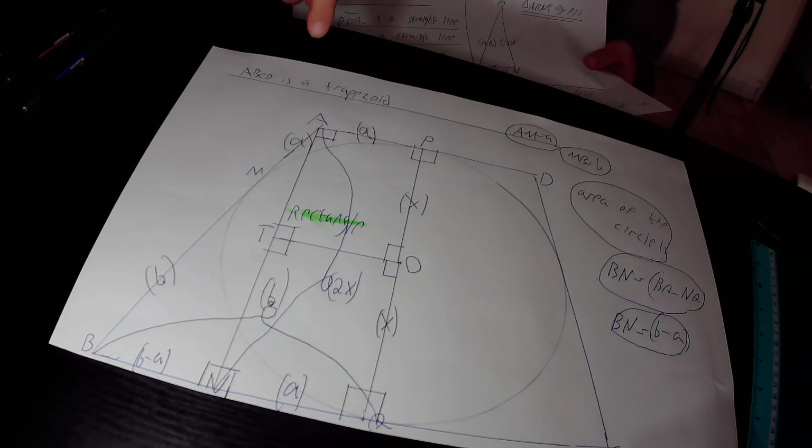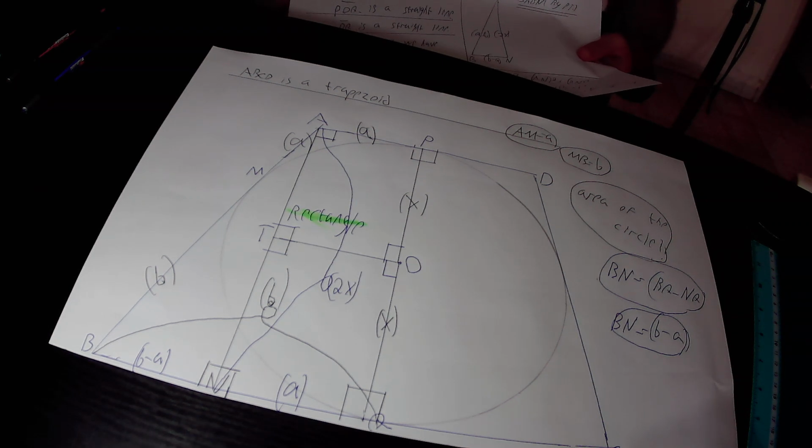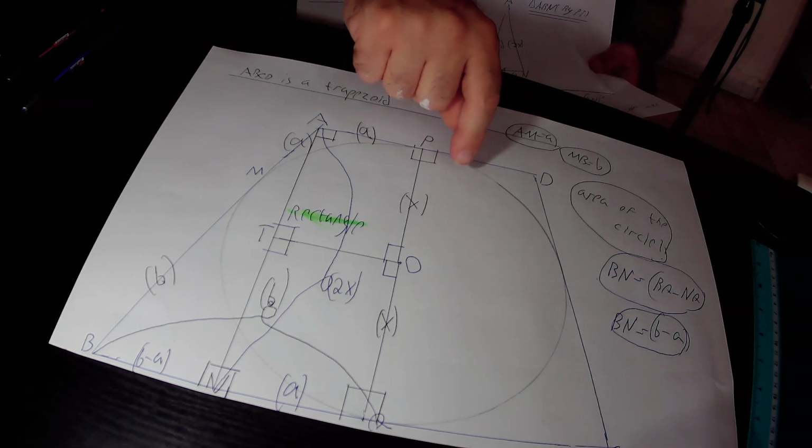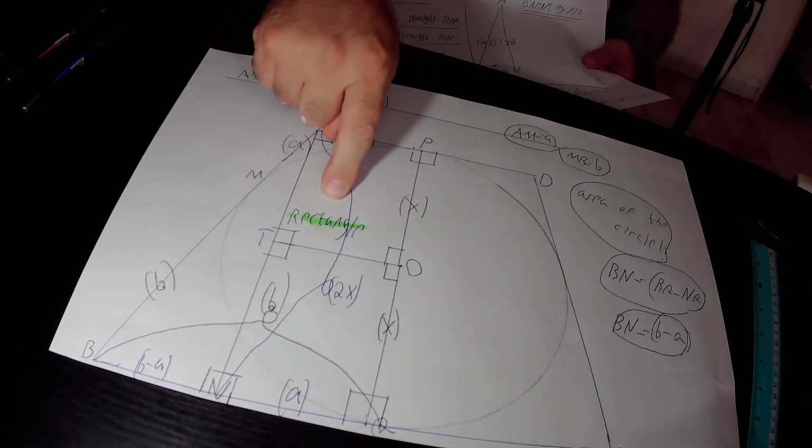But inside quadrilateral APQN, we have 4 right angles. And we know that any quadrilateral that has 4 right angles must be a rectangle or a square according to rule 5. Therefore, we relate to this quadrilateral APQN as a rectangle because it has 4 right angles.